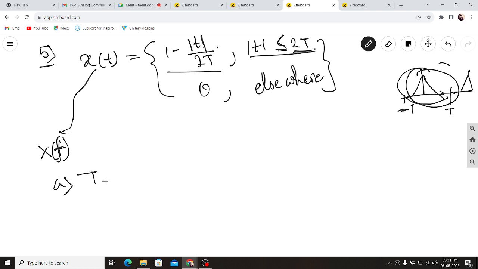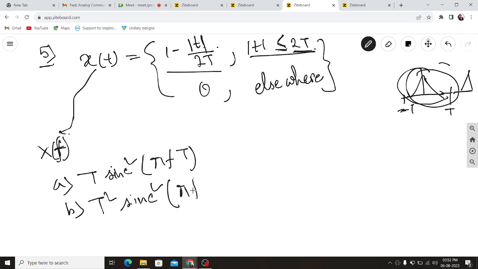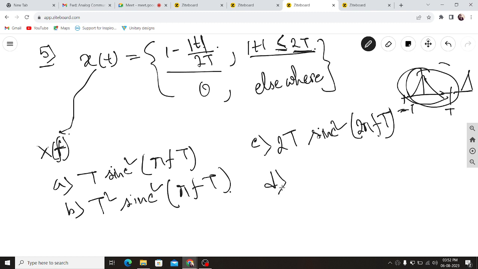Option A is T sin square π f T. Option B is T square sin square π f T. Option C is 2T sin square 2π f T, and option D is none of the above.